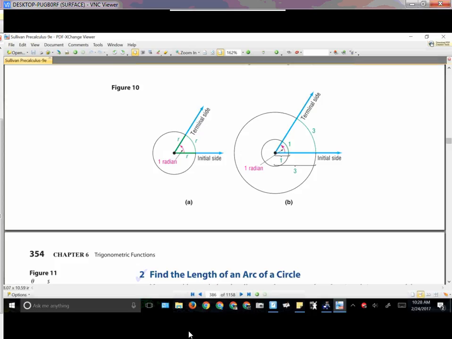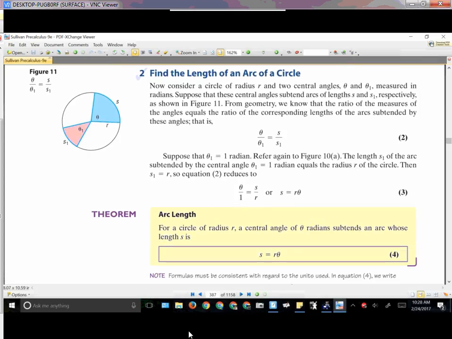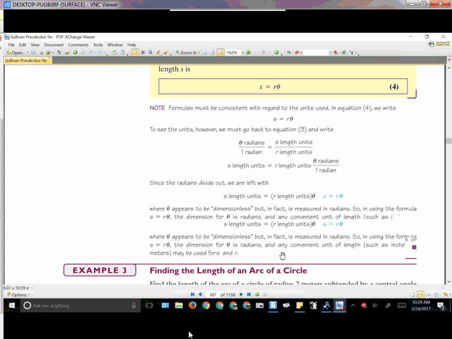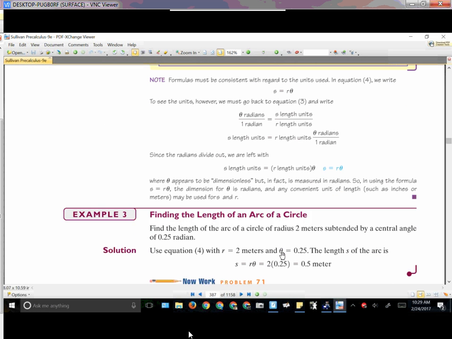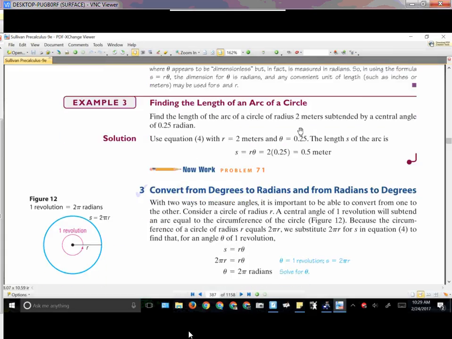Okay. So, if I take a look at the information that I've got here, it says, for a circle with a radius r, central angle of theta radians, an arc. So the length of the arc is r theta. Okay. How does this actually work? So I want to find the length of an arc of a circle with radius 2 subtended by a central angle of 0.25.